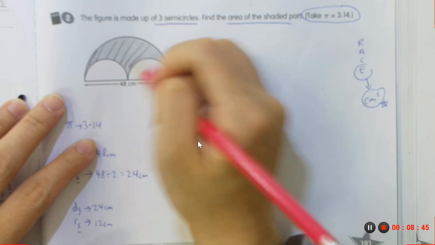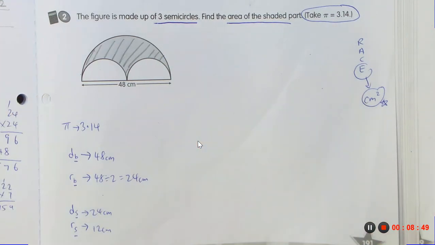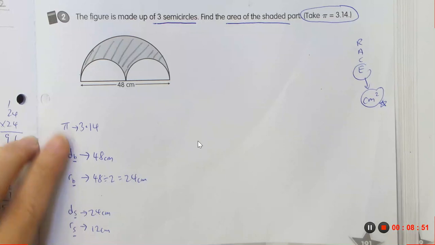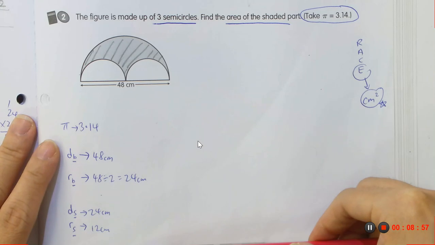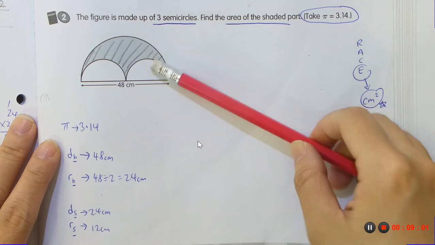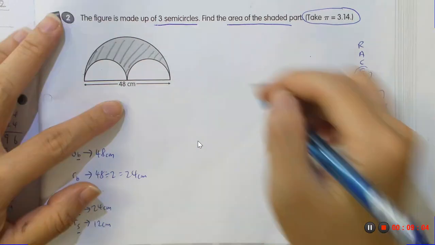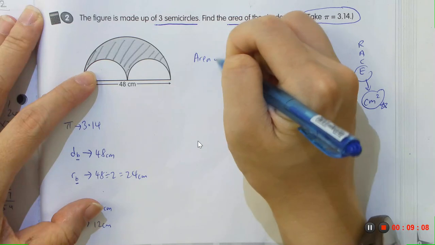Earlier on we were talking about the strategy of using the whole minus the parts. So what am I minusing here? Small semicircle. Okay, from where? From the large semicircle. So from the big semicircle, basically we have to do two things. First, find the area of the big semicircle.